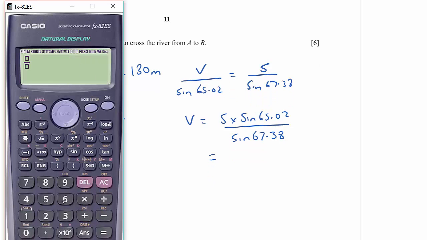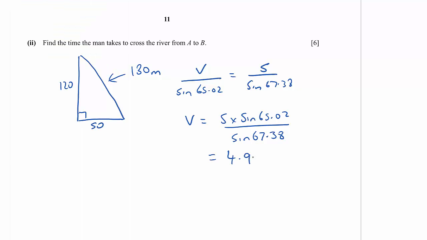So we've got 5 multiplied by sine 65.02, and we'll divide that by the sine of 67.38. And that's 4.9099. So I'll say 4.91, and that would be meters per second to 2 decimal places.